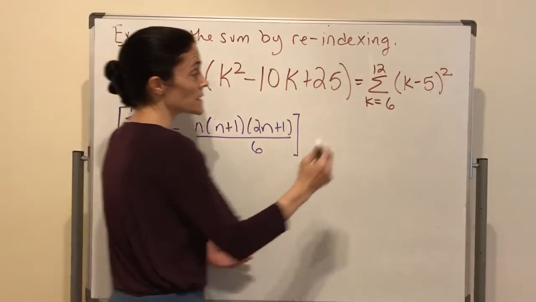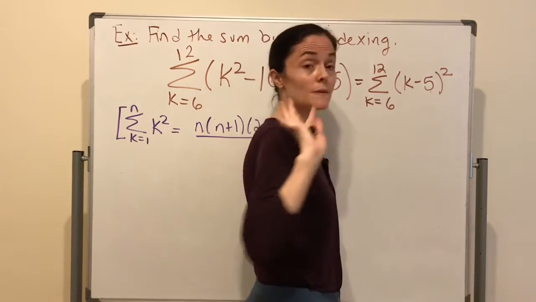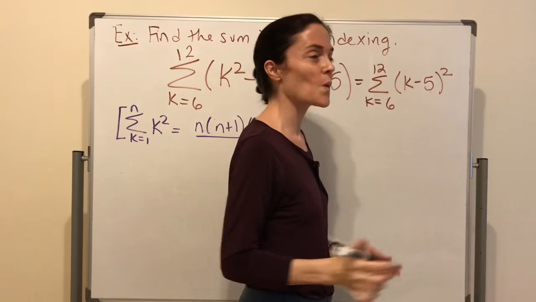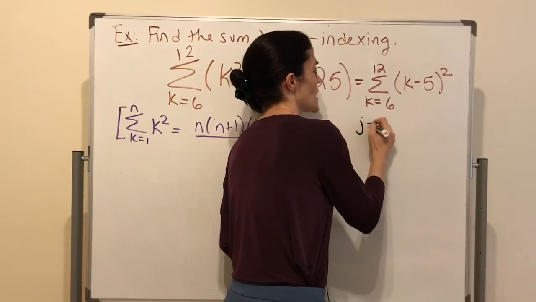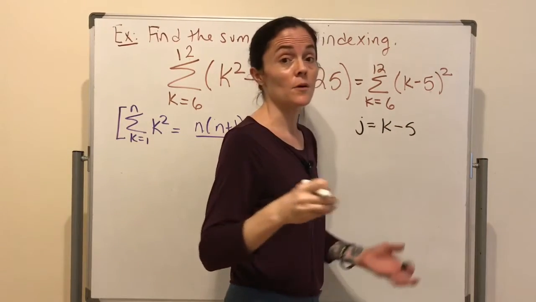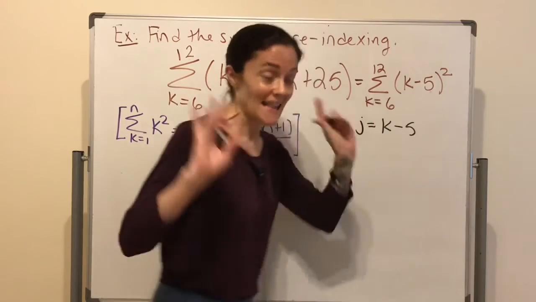Because if you notice at this initial term, when k equals 6, we have 6 minus 5, which is 1. So if we reindex and let j be k minus 5, the sum over the j will start with j equals 1. And this is what we need.